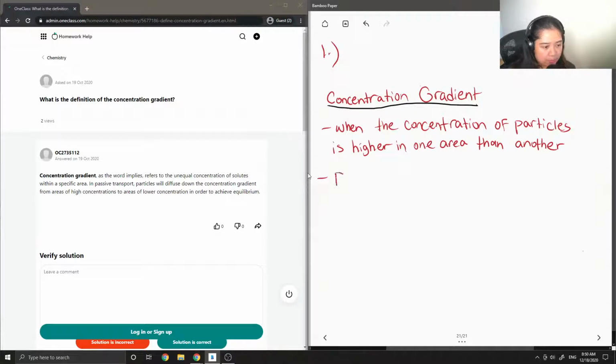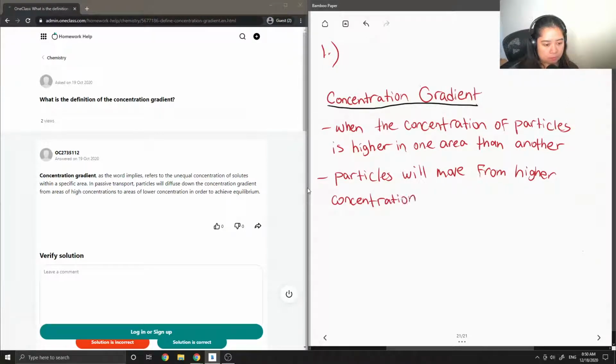Typically particles will move from higher concentrations to low concentrations. They will do that until they are evenly spaced.